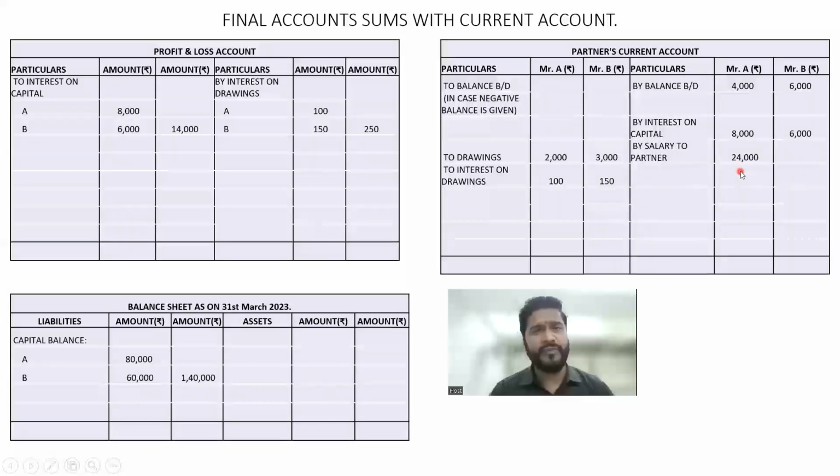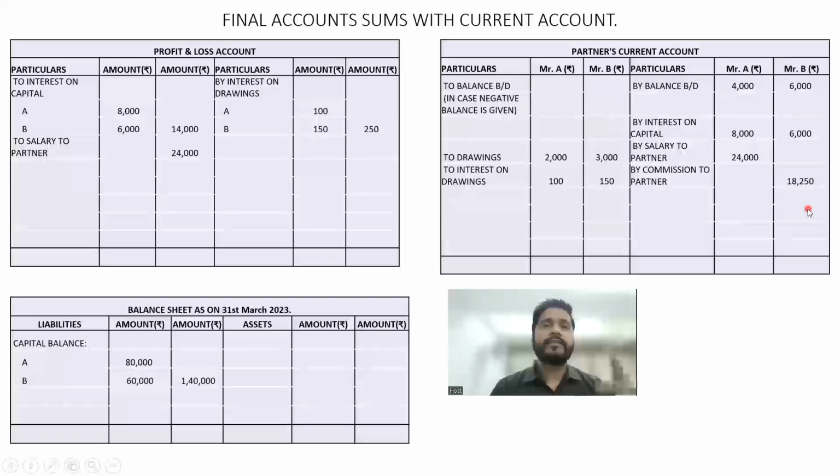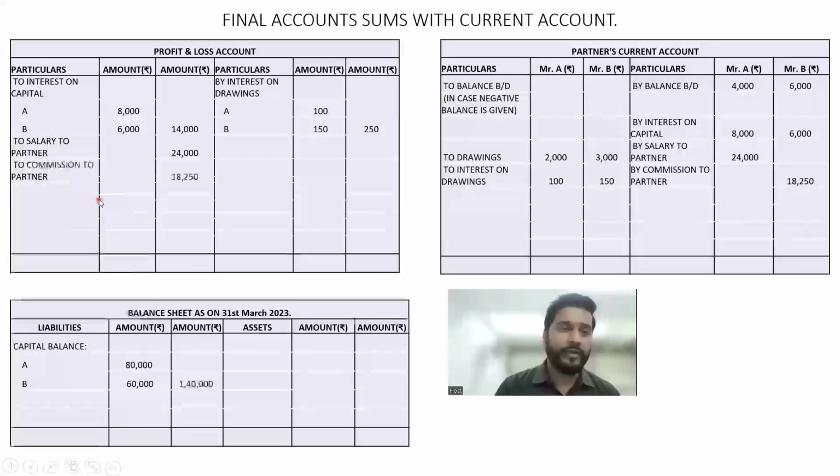The second effect of this will go in the profit and loss account debit side, salary to partner. Just like that, commission would be shown on the credit side, commission to Mr. B, and the second effect of this will go on the profit and loss account debit side, just like salary.